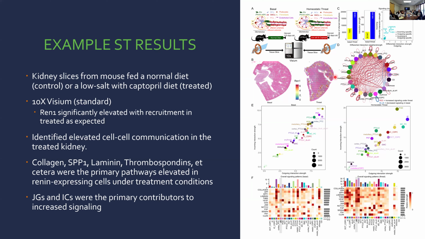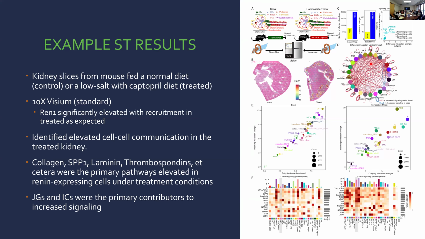And then we can ask, what makes our putative juxtaglomerular or renin cells over here different than the ones in the control slice? It looks like a handful of pathways predominantly differentiate them: collagens, laminins, thrombospondins. These pathways are elevated in our recruited cells as opposed to the other ones. So maybe these pathways are relevant to that transformation process.